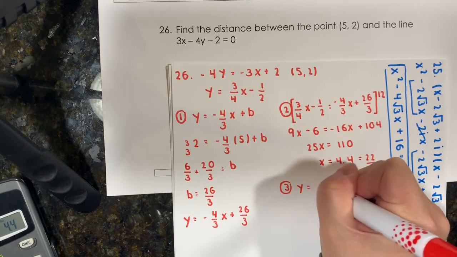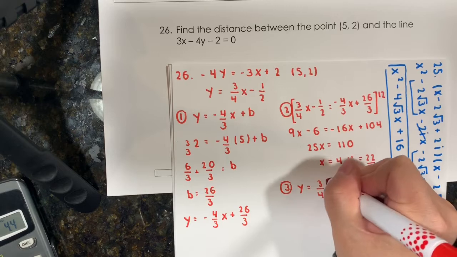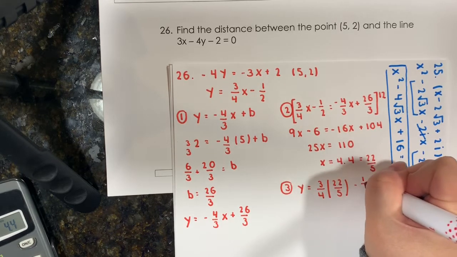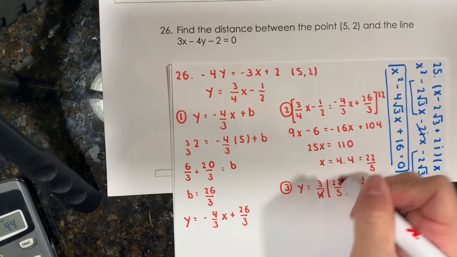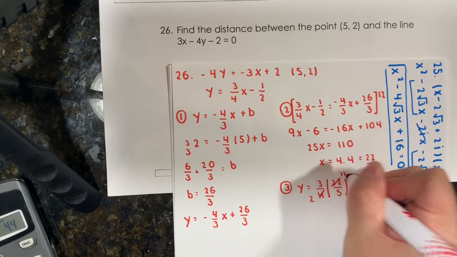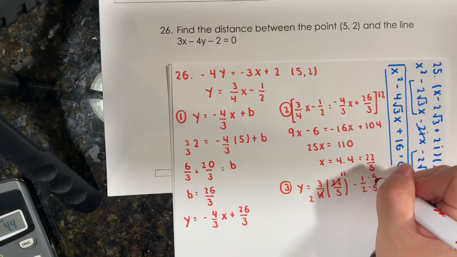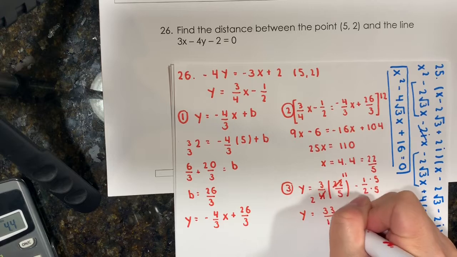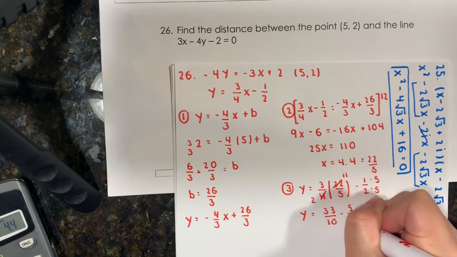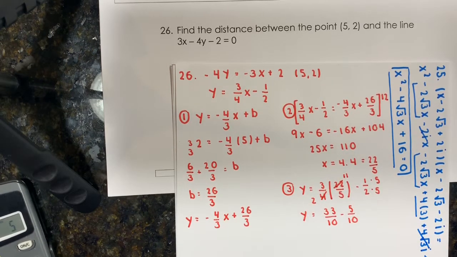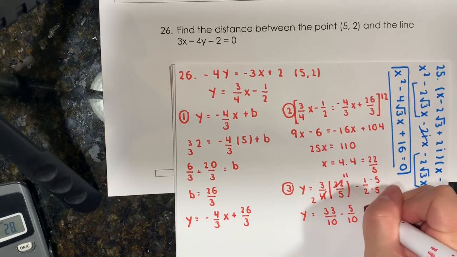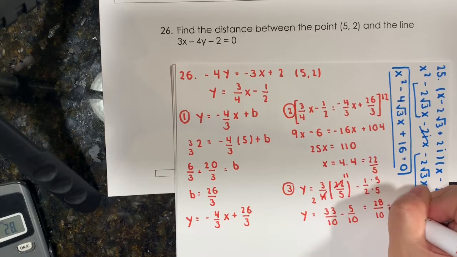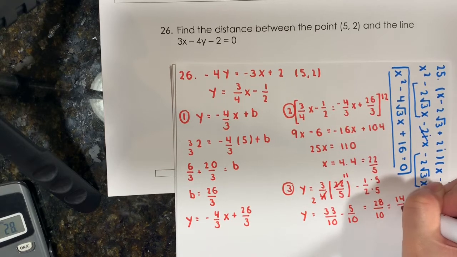So that would be y equals 3 over 4 times 22 over 5 minus 1/2. So this would be 2 and 11. Common denominator would be 10. So that would be 33 over 10 minus 5 over 10, which means y is going to be equal to 28 over 10 or 14 over 5.